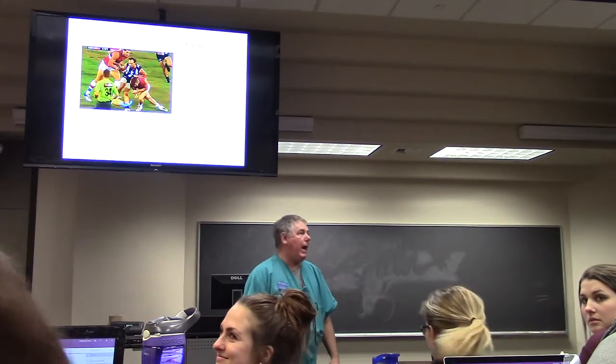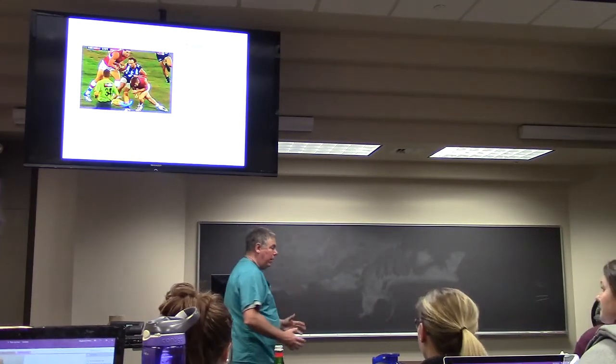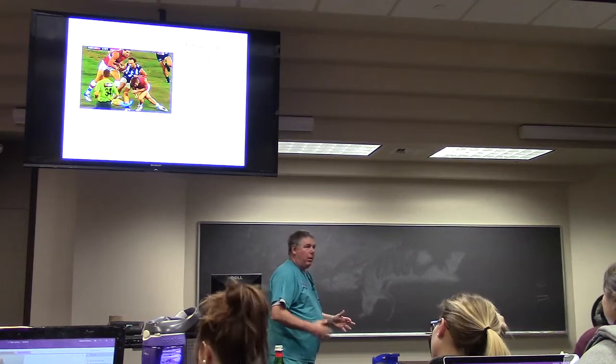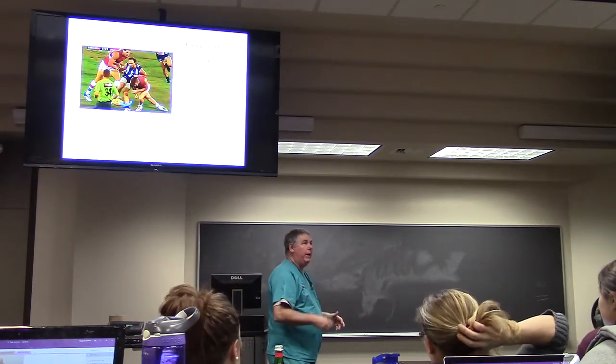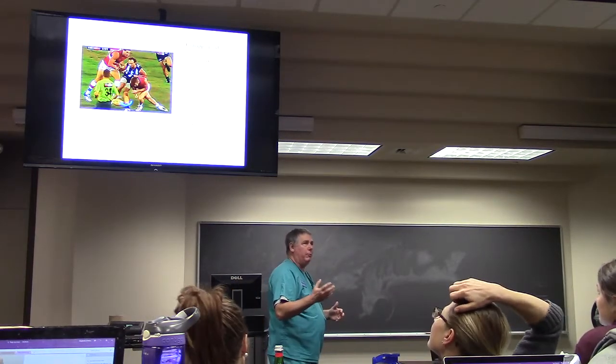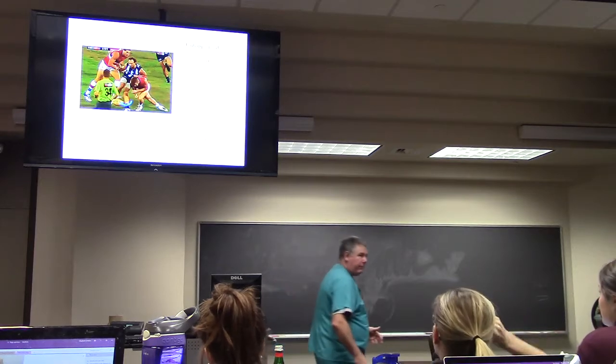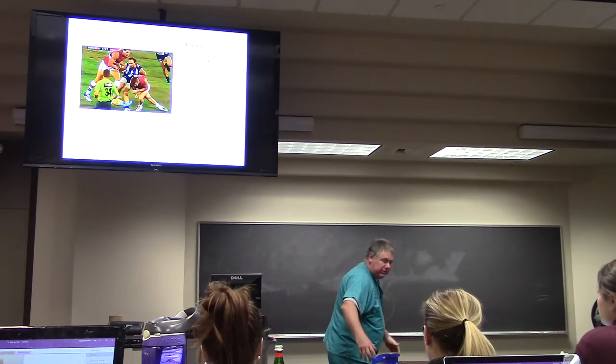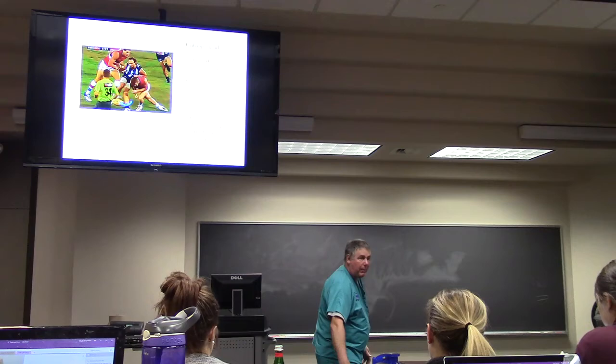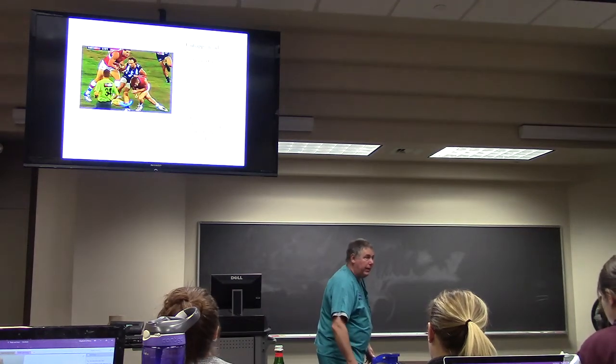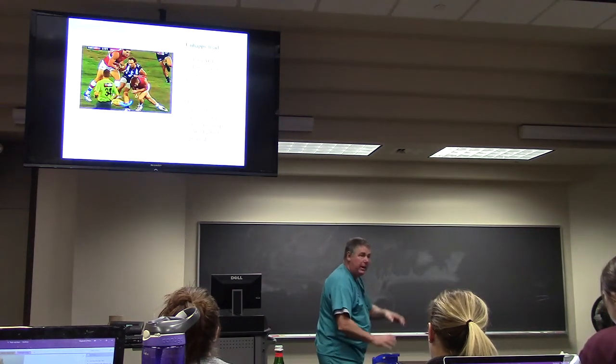The unhappy triad is when you're running along in football or rugby, I think this is rugby, or Australian rules football, whatever, and you plant your foot, and somebody hits you from behind and drives your tibia forward.